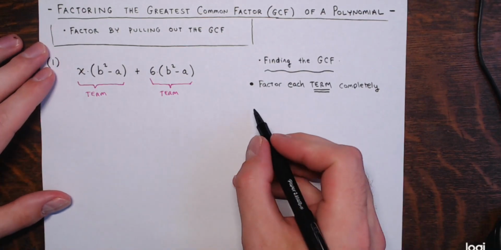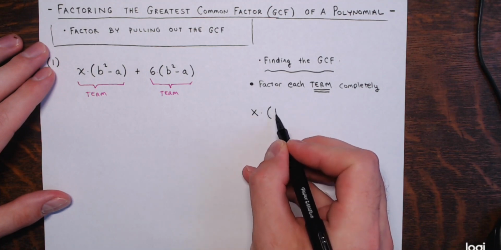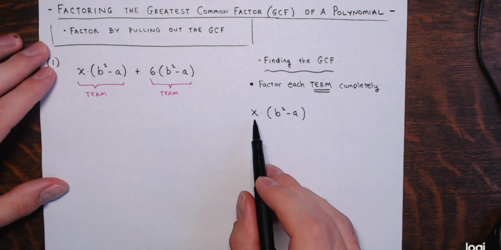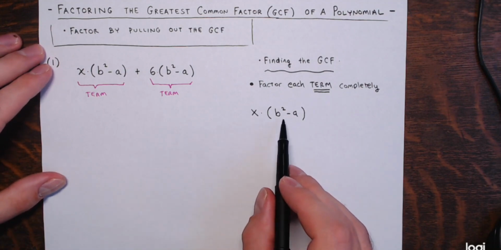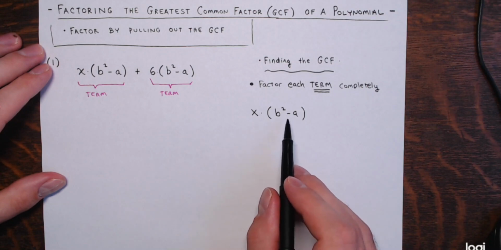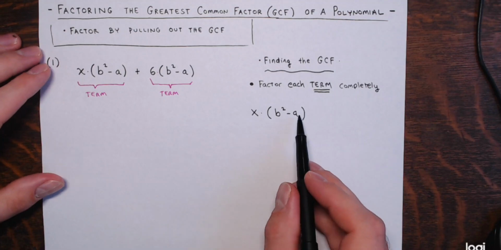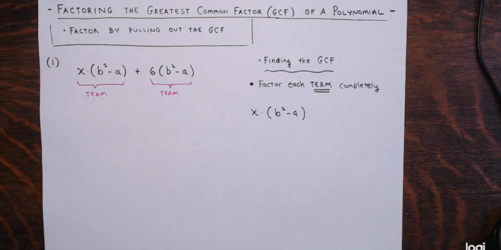So let's do that here. The first term is x times b squared minus a, and this has two factors, a factor of x and a factor of b squared minus a. Remember, if something is in parentheses or brackets, it's considered a single factor.